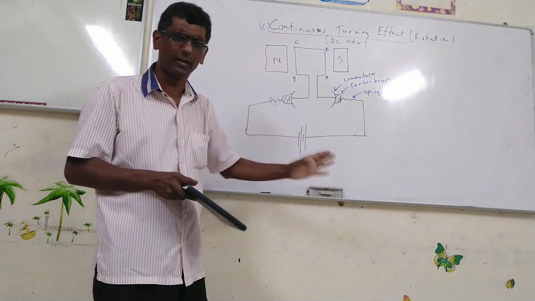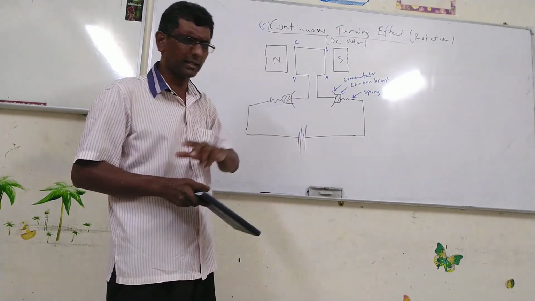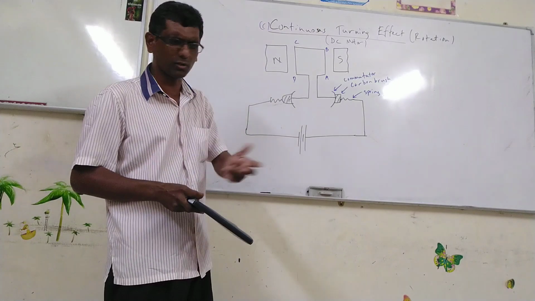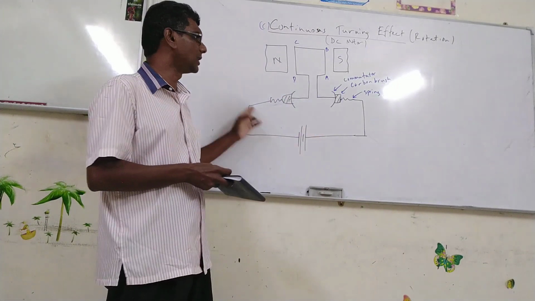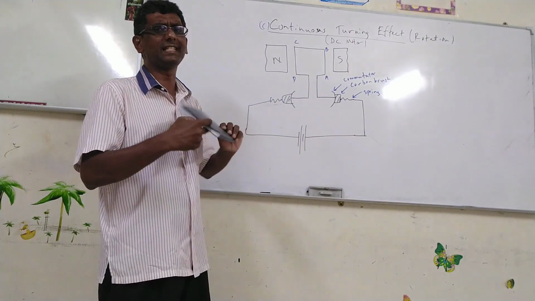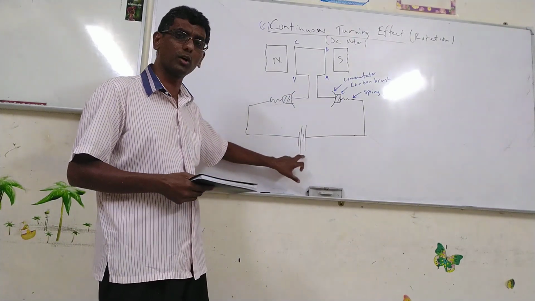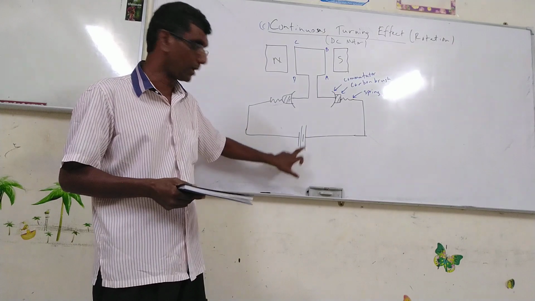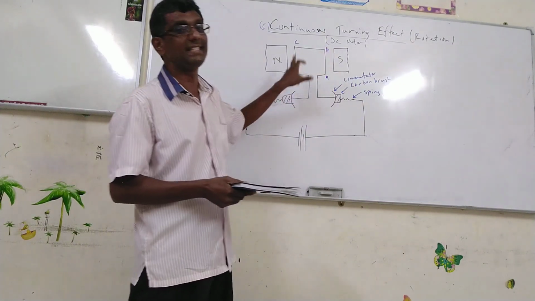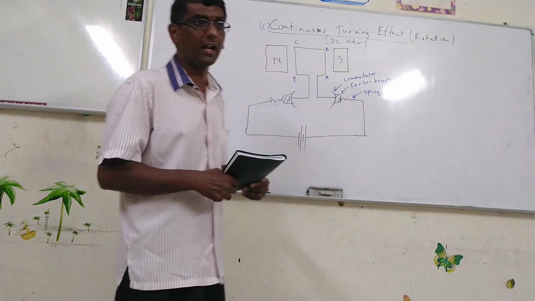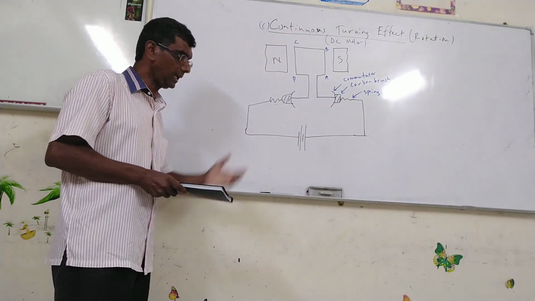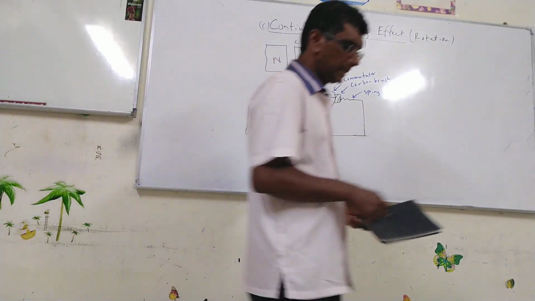This AC motor is a little bit different, I will tell about this next class or later. But this one is a commutator and carbon brush. This is a DC motor effect because DC current, battery. Because battery, we call DC motor. They use Fleming's left-hand rule.